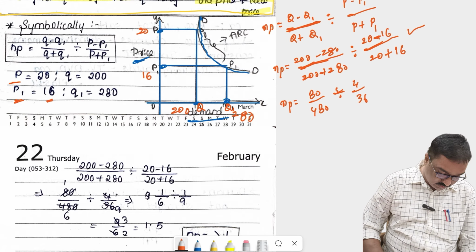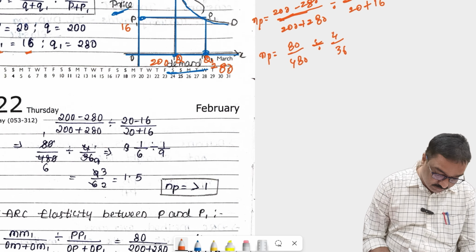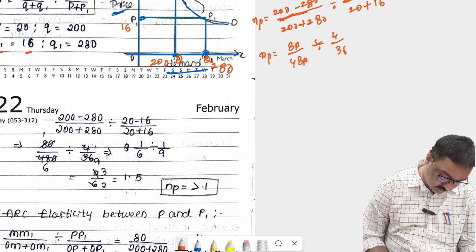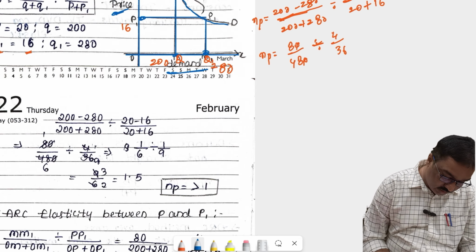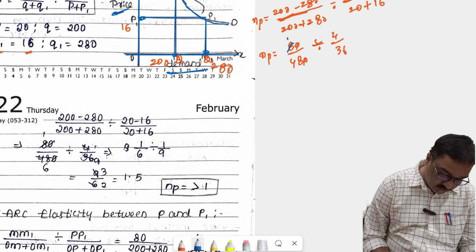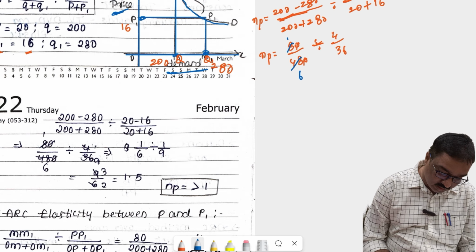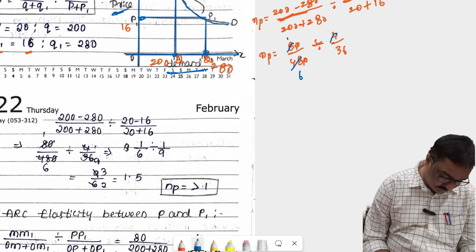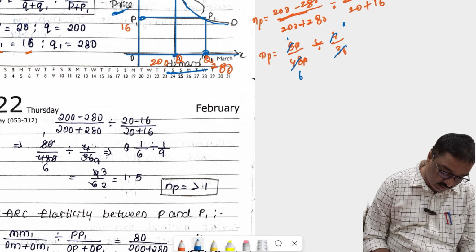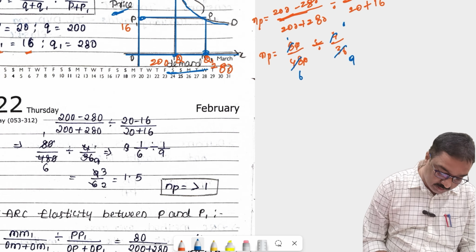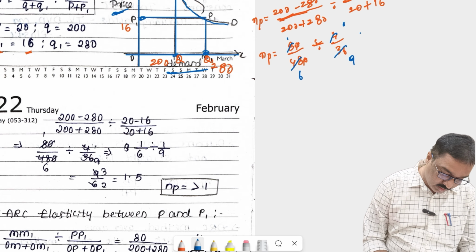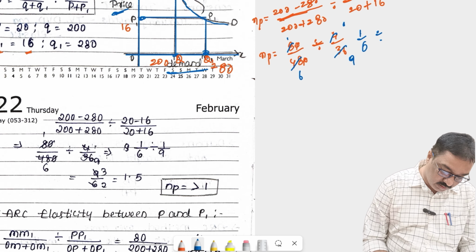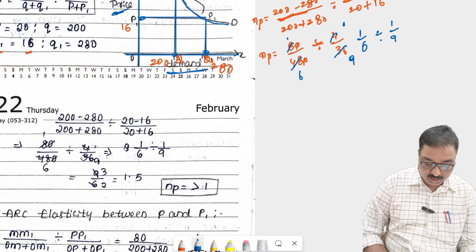Then we have to simplify. The zero cancels: 80 divided by 480 gives 1 by 6, and 4 divided by 36 gives 1 by 9. So it means 1 by 6 divided by 1 by 9.